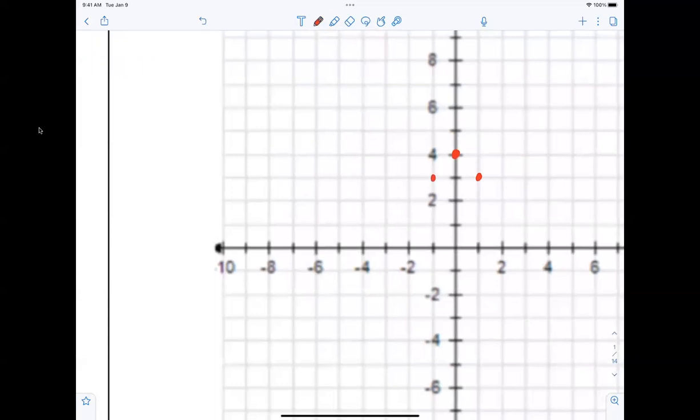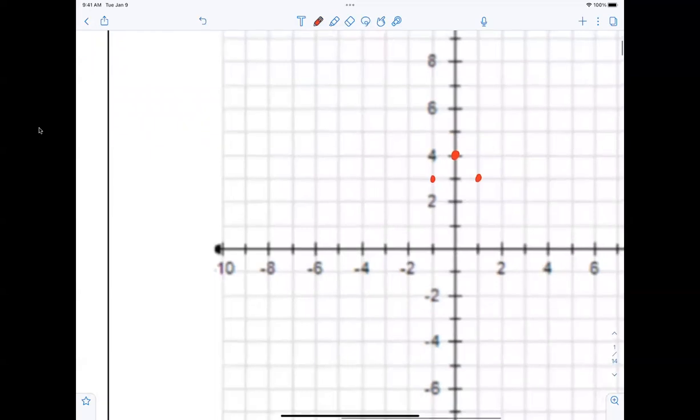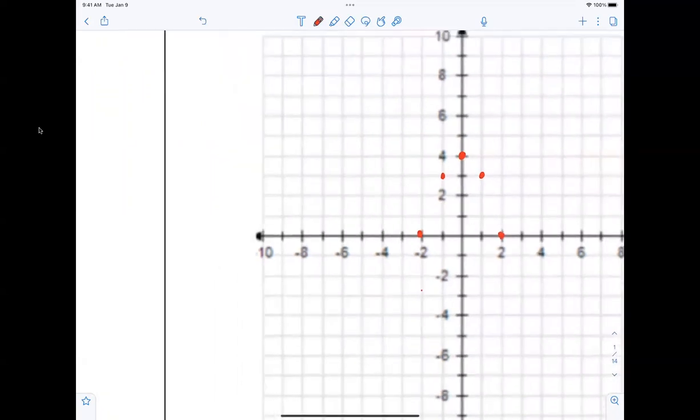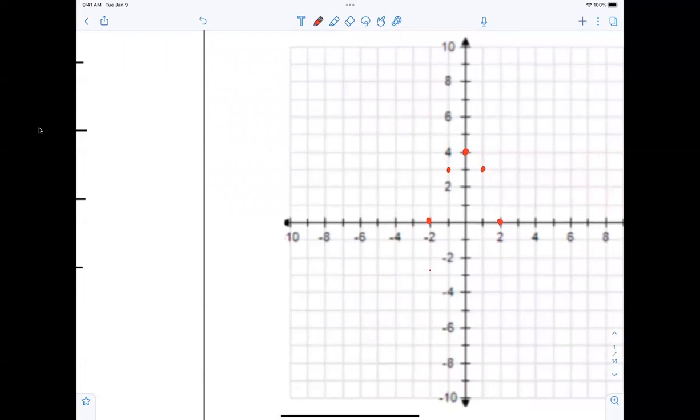If we go to the right 2, we're going to go what? Down 4. So we go to the right 2, down 4. Left 2, down 4. If I wanted to, I could go to the right 3 and I would go down what? 9. Why am I going down 9? Because 3 squared is 9.